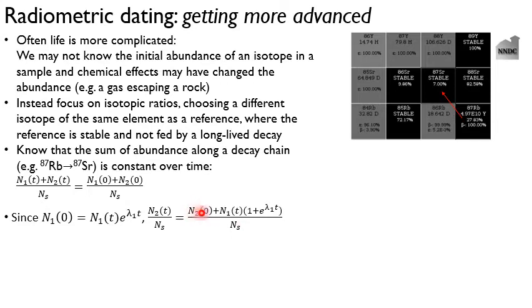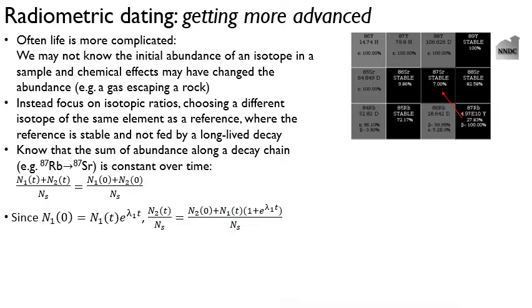So the initial amount of strontium-87 that I had, which I don't know, keep that in mind, plus the amount of rubidium-87 you have at some time, times this business here, which has the rubidium-87 decay constant up in the exponential. And again, the denominator, this is our strontium-86 amount.